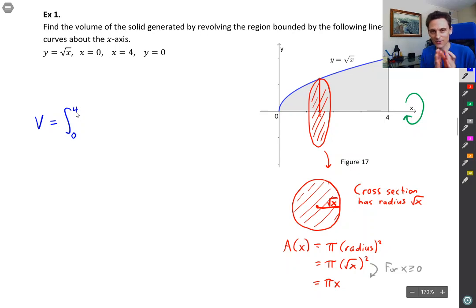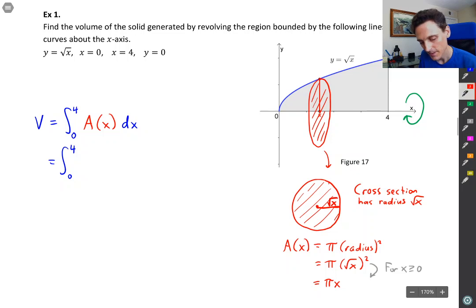Technically, you're adding up the volumes of these infinitely thin cylinders, but you can think of those as circles if you want. And so what goes inside of our integral is the areas of those circles, and then we have the dx to provide the infinitely thin width of the cylinders that are made by the cross sections. Generally speaking, this is going to be the areas of the cross sections, and then we'll plop in what we found the areas to be, which was pi x.